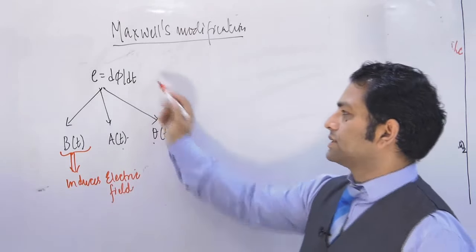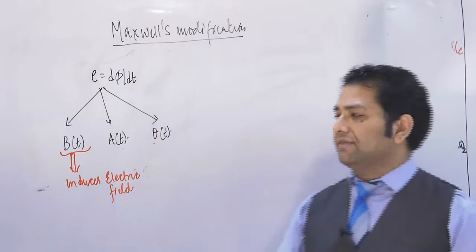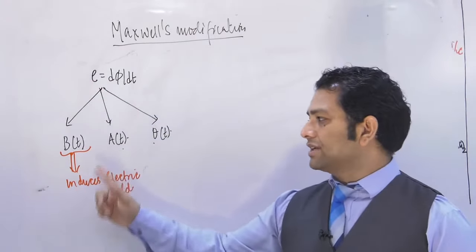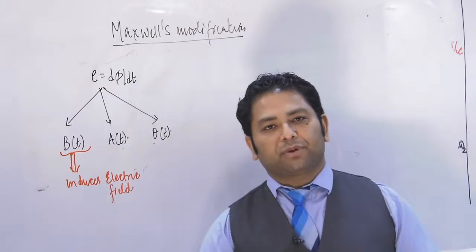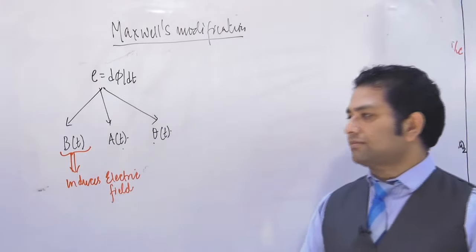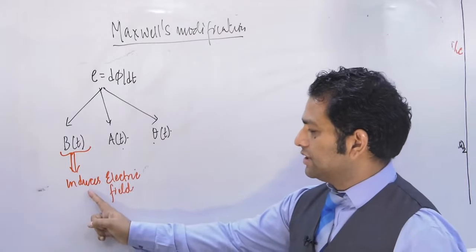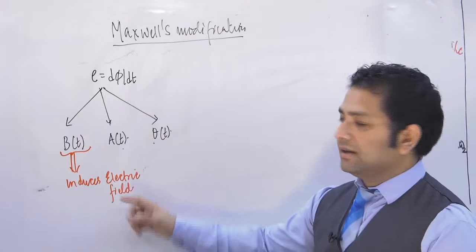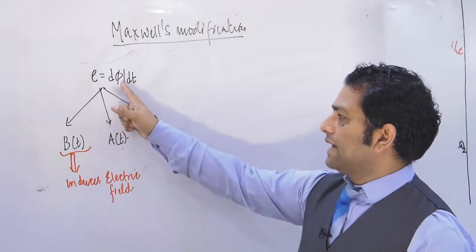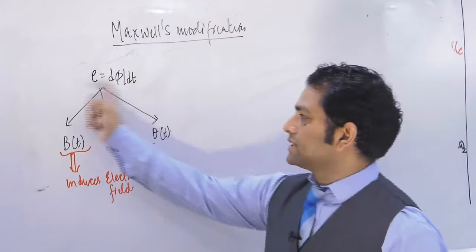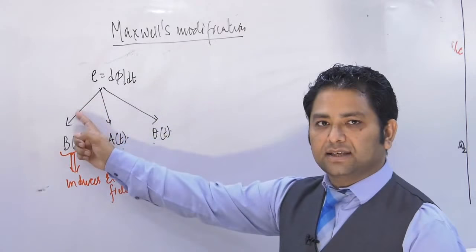It's not about inducing EMF. Inducing EMF is a bigger picture. Inducing field is here. So we make a common rule that a time varying magnetic field will always induce electric field. And the larger picture, a time varying flux will always induce EMF. That's clear.